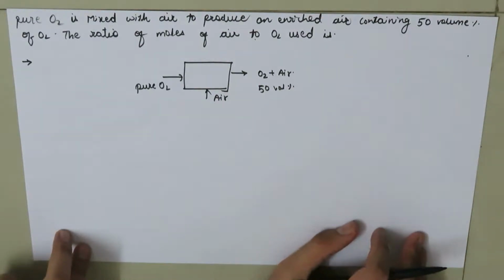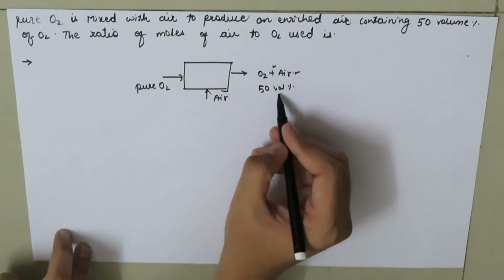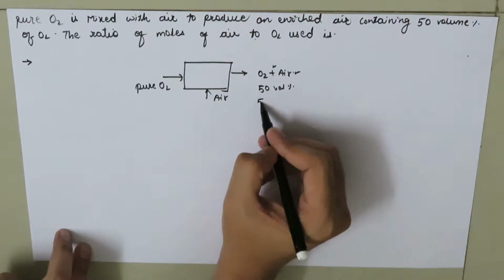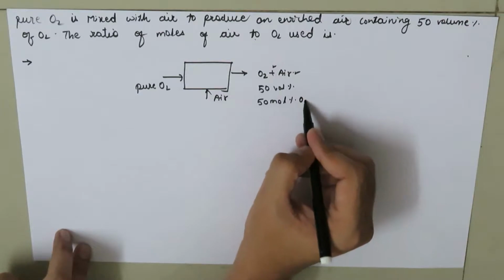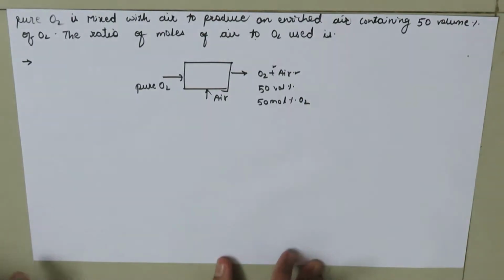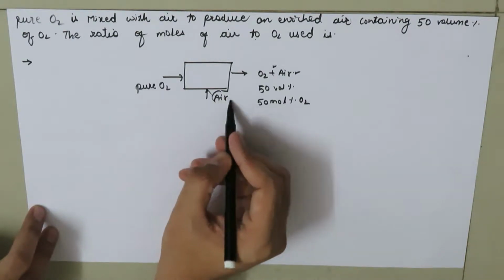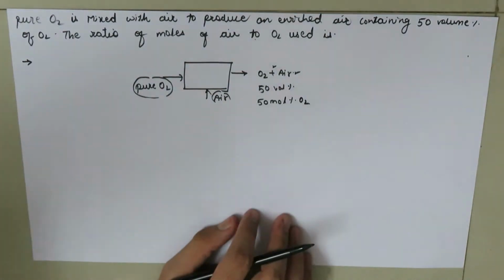If we assume that these gases are ideal, then this volume percent will become equal to mole percent. So we can write this as 50 mole percent of oxygen. And now we have to find out the moles of air divided by the moles of pure oxygen.